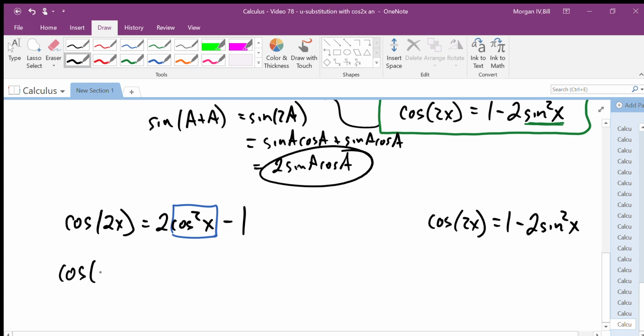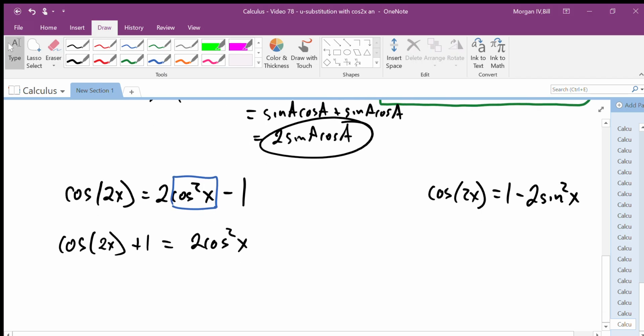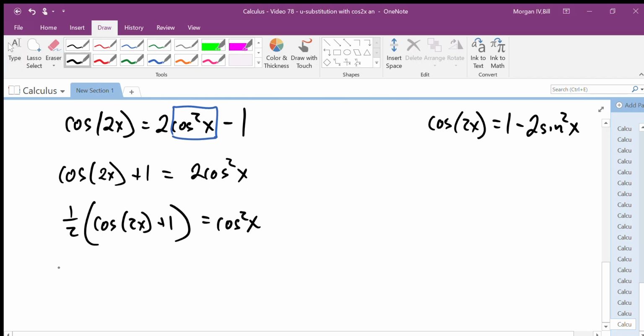So I have cosine 2x plus 1 equals 2 cosine squared of x. And then just divide by 2. So I get 1/2, dividing both sides by 2 here, of cosine 2x plus 1 is equal to cosine squared of x. And that's it. I've solved for cosine squared of x. Cosine squared of x can be rewritten as 1/2 times cosine of 2x plus 1.